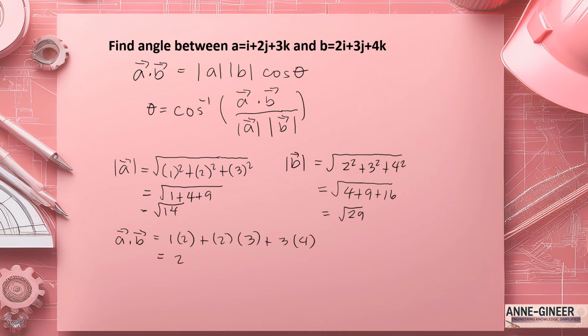So this is 2 plus 6 plus 12, or this is 20. So solving for the angle, this is cosine inverse of 20 over the square root of 14 times the square root of 29.